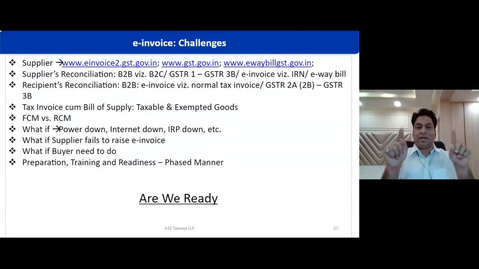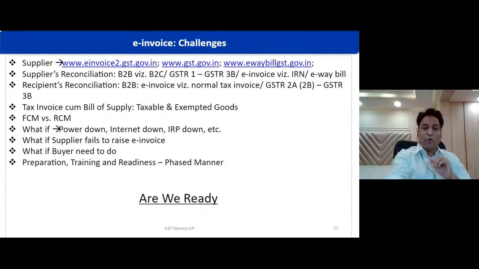On the same portal, einvoice1.gst.gov.in, you just put the GST number and check the vendor status, the supplier status, whether he is required to be under the e-invoicing system. If it is so, you write back to them and tell them that from October 1, I would need an e-invoice which has a duly generated IRN number, digitally signed, with QR code. Then only is credit available. For you also, it is a challenge.